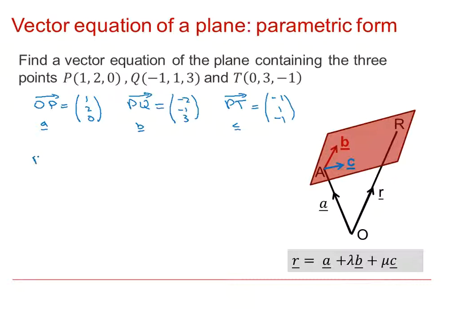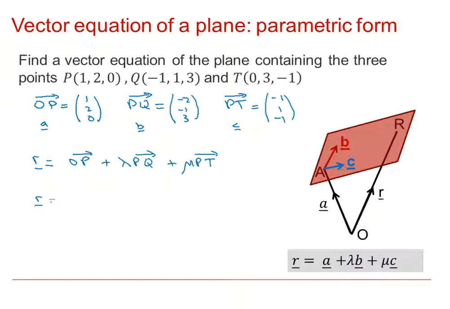So to get to a general point on this plane, which I'm going to call R, I need to get from the origin to the plane, so that's OP. I need to be able to walk along a multiple of PQ, so that's lambda PQ. And I need to be able to walk in a different direction, so that's PT, and I need a different multiple. I can't use lambda again.